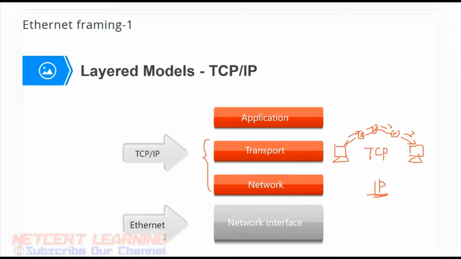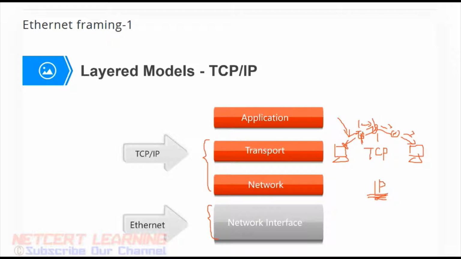And then Ethernet, which is the network interface layer. This layer deals with how the IP protocol uses the physical media. Between each two devices, from the host to the router, and between routers, there is a physical medium.